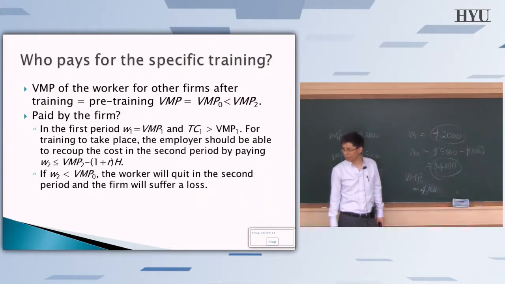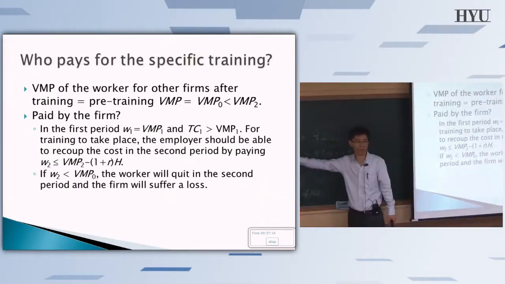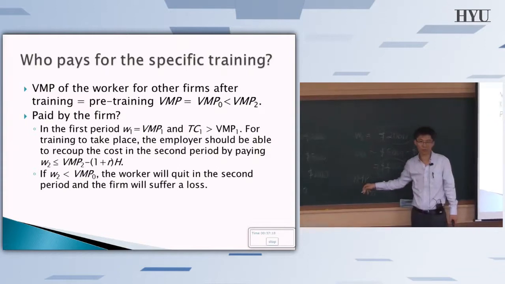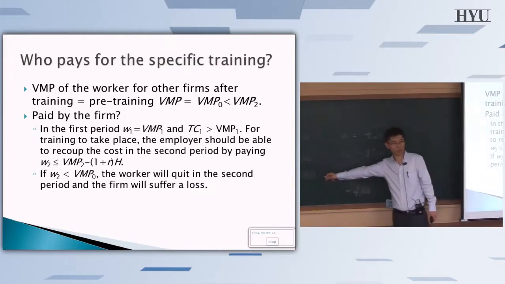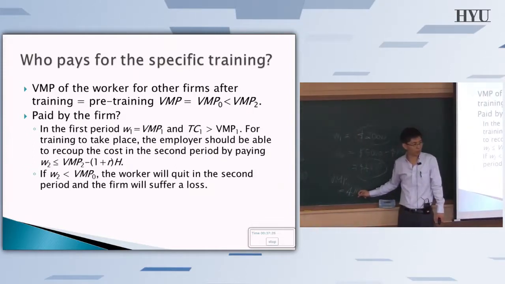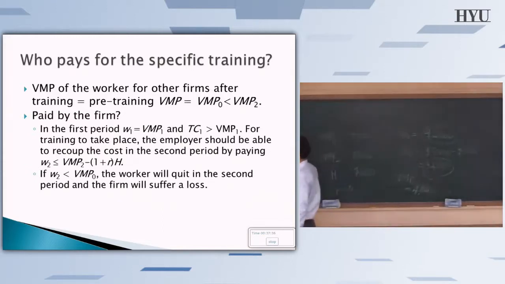So if that happens, if the firm knows about this, then this specific training is not going to happen, right? Because the firm has no incentive to pay for the cost of training, knowing that this worker will just leave in the second period. Okay? So it's not going to be worth it for the firm. So that's a problem here.